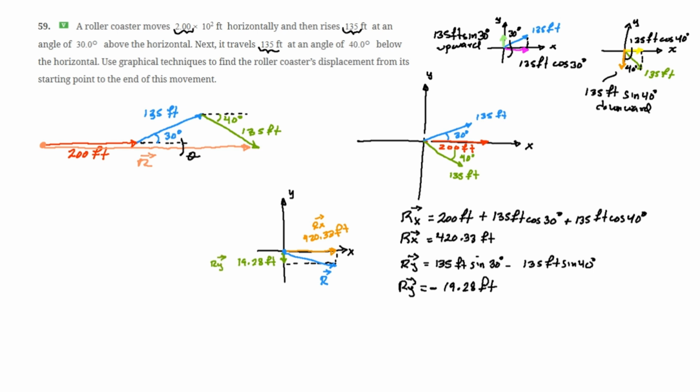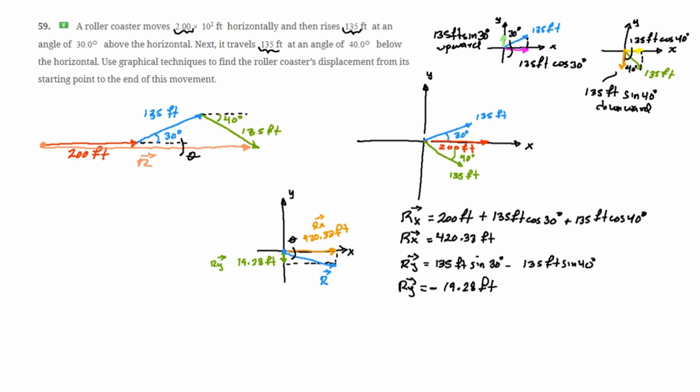So the whole resultant, using the Pythagorean theorem, will be the square root of the square of this value plus the square of this other. And the angle that you will have in this case is this one, and we call this angle theta.